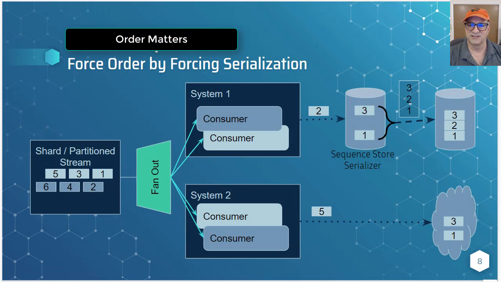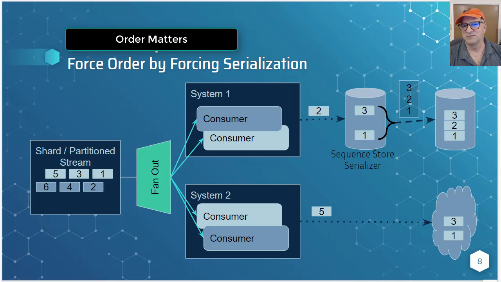So in this case, the problem is I need the data to be put into a separate system or data store in order. The data will show up partially because I have different consumers, right? Running each on different shards, or I could have multiple consumers on a single stream and they fall out of order because one's faster than the other.